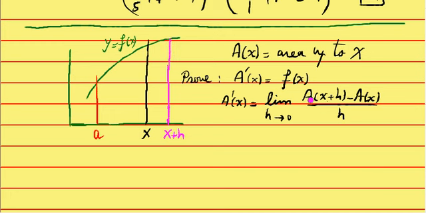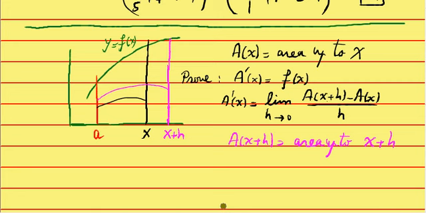Now what does it mean? So let's write out: A of x plus h means area up to x plus h. If I take the area up to x plus h and from that subtract the area up to x, what am I going to get?